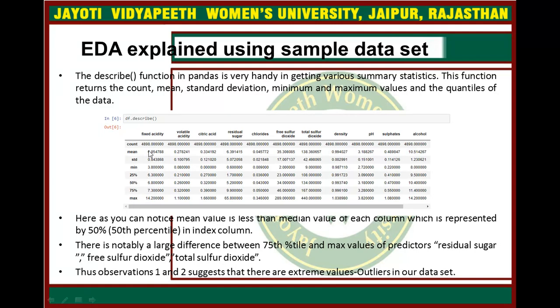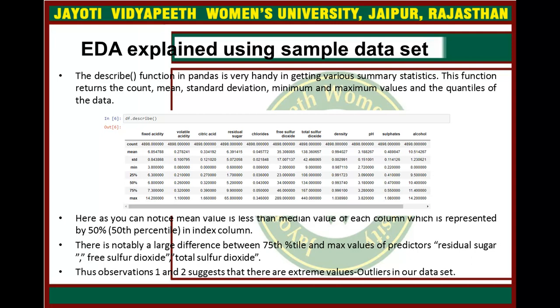So these are the columns whose values are stored. As you can notice, the mean value is less than the median, which for each column is represented by the 50%, or 50th percentile, in the index column.